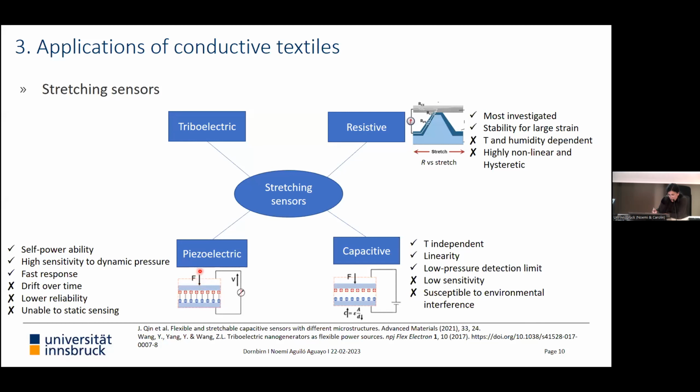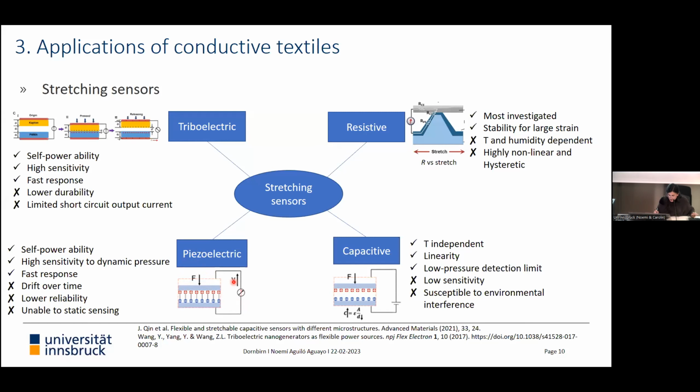It has a very high sensitivity to dynamic pressure. It also has a very fast response, but the problem is that the response can drift over time. Then it has lower reliability. And when there is a static force, with no movement, there is no response, no voltage difference.